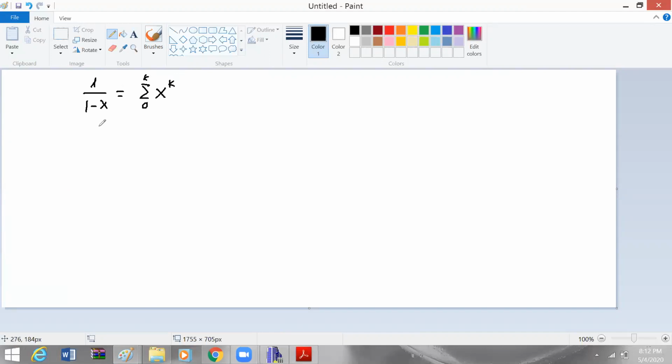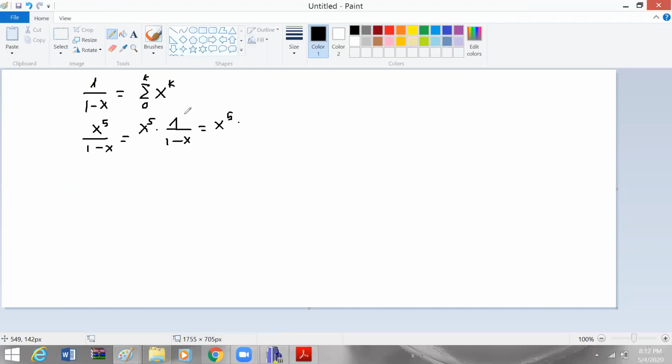So let's say I take x to the 5th, and then 1 minus x. So this is basically x to the 5th times 1/(1 minus x). And this guy can also be rewritten as a power series.